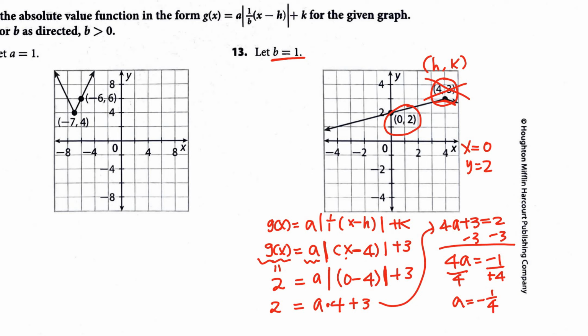So we found all the unknown variables a, h, and k. So finally, this graph's function is g of x equals negative 1/4 times the absolute value of x minus 4, plus 3.